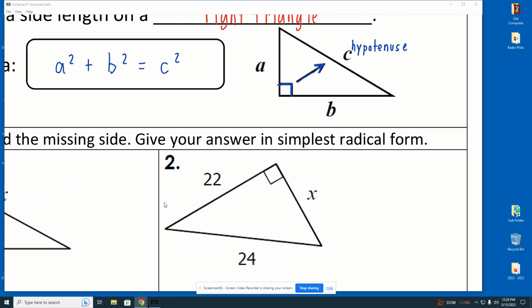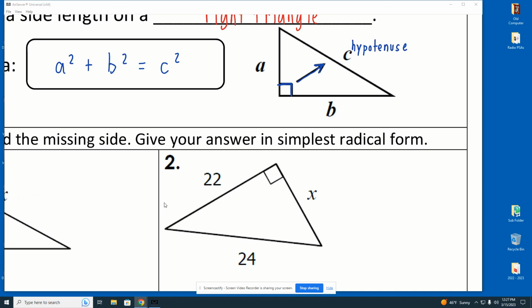Therefore, since it has to be the longest side, in the Pythagorean theorem, it has to be the value that we put where? Well, if one side is taking a squared and b squared and adding them, in order to equal the c squared, hypotenuse has to be placed where? It has to be placed in c's position. It has to be. Okay, no exception to that rule. The hypotenuse has to be c.